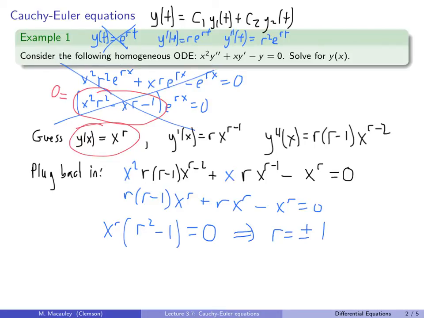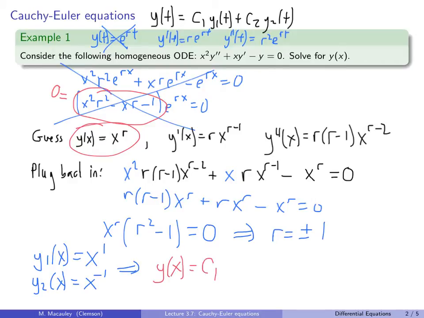So y1 of x equals x to the first, and y2 of x equals x to the negative first. So now we have our general solution: y of x equals c1 x plus c2 x to the minus 1.